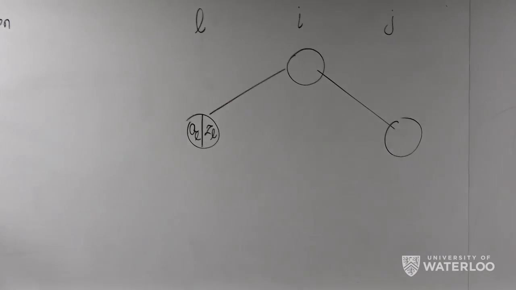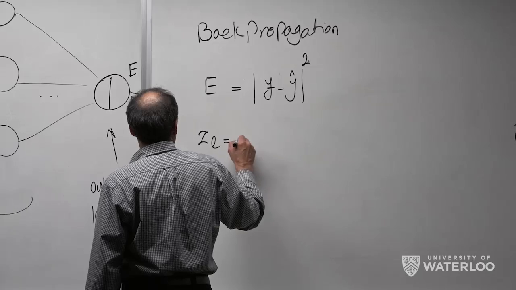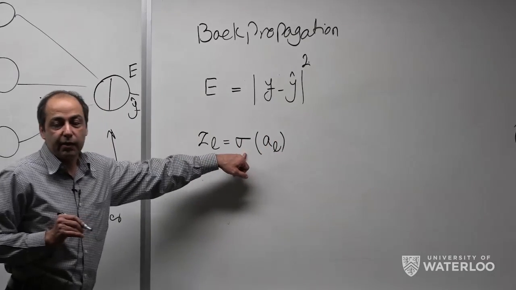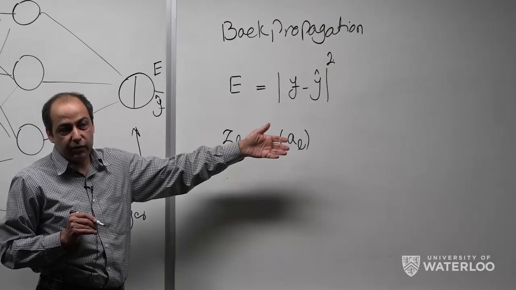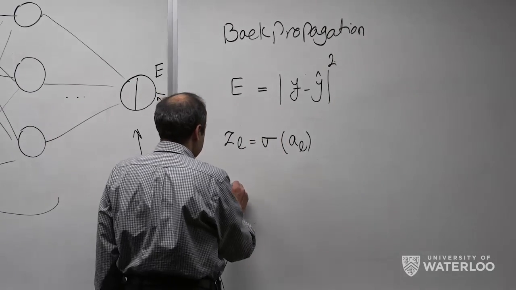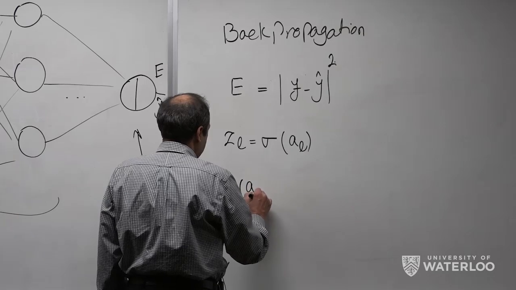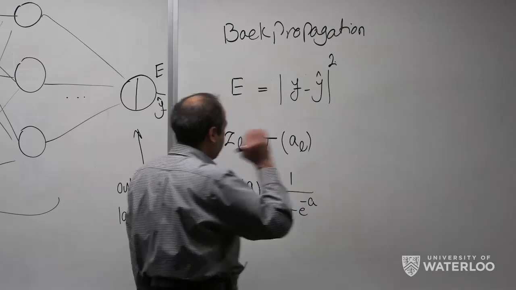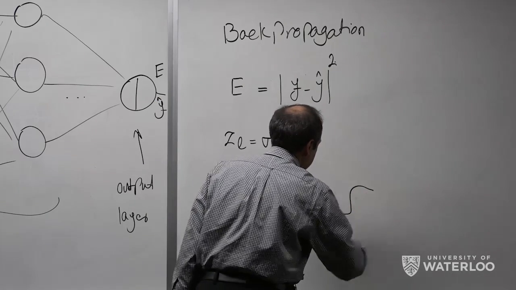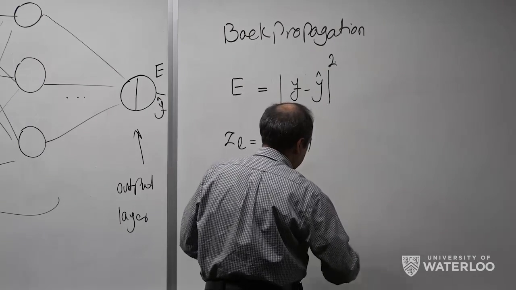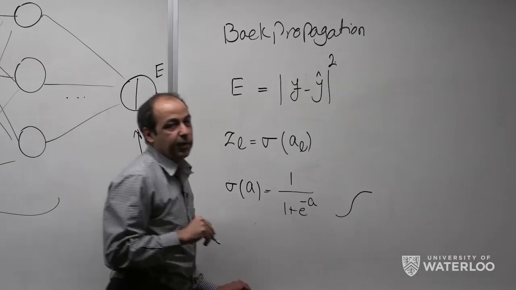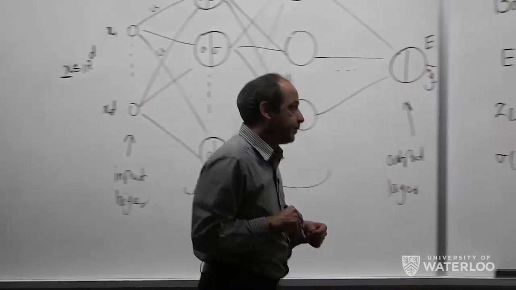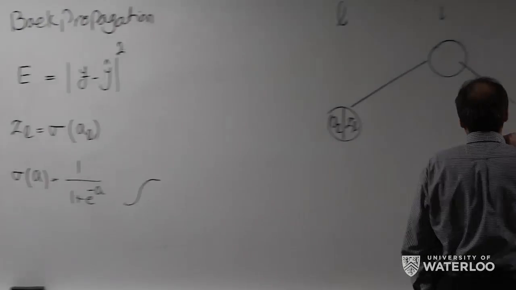So basically ZL is a nonlinearity applied to AL. And this nonlinearity could be a logistic function, for example. It could have many different forms. It could be a hyperbolic function and many other types of functions.